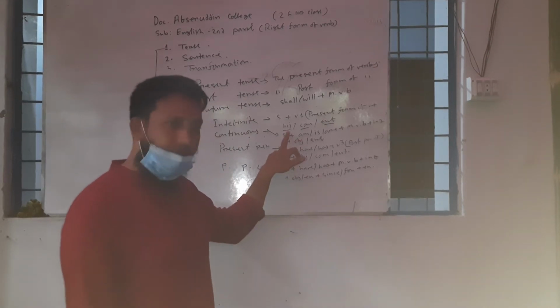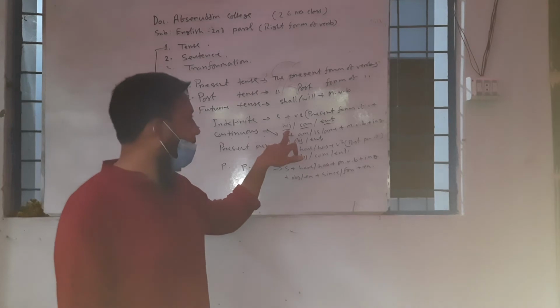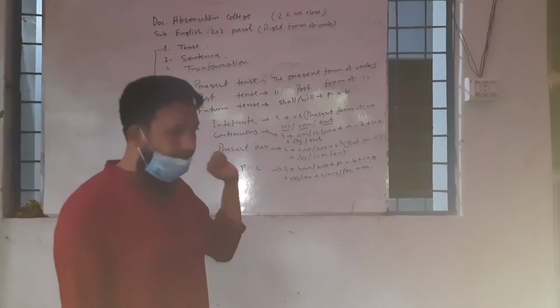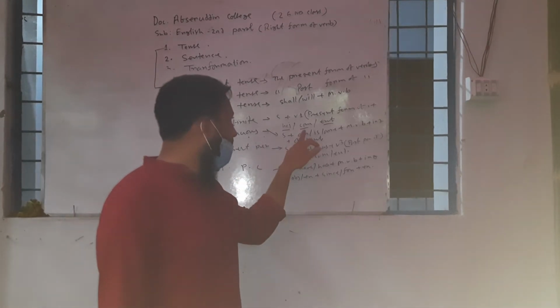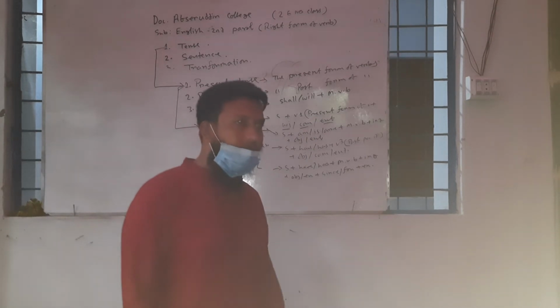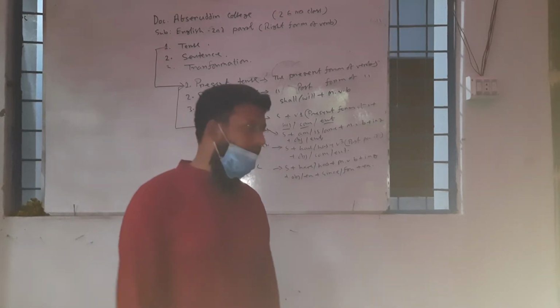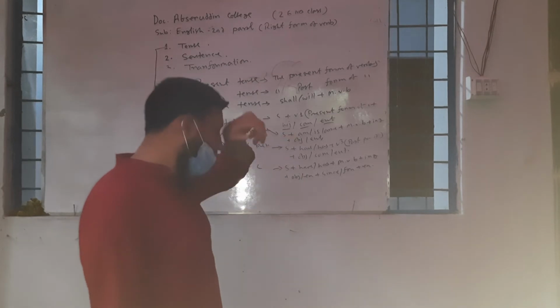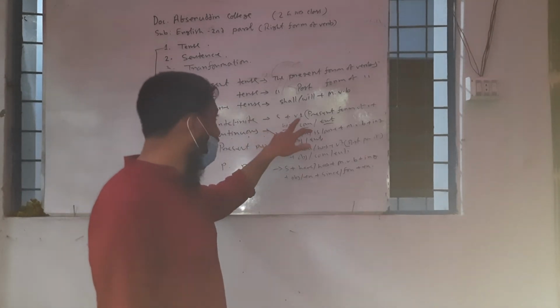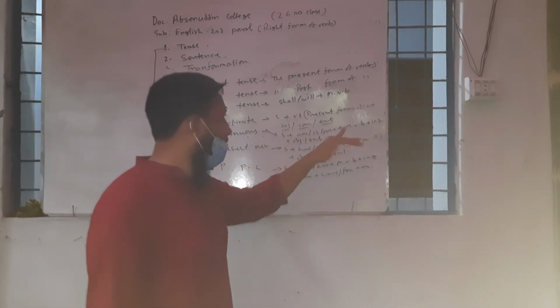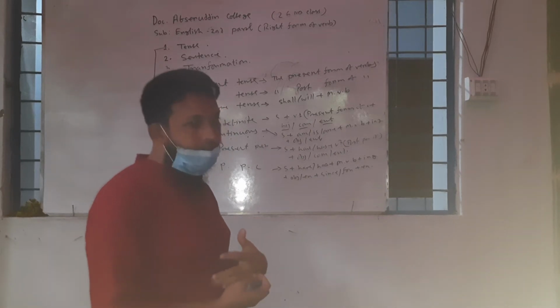The object, what is object? Object means a work that may be done by the subject. What is complement? Complement is a thing that normally shows the relation with subject and the object, that is called complement.